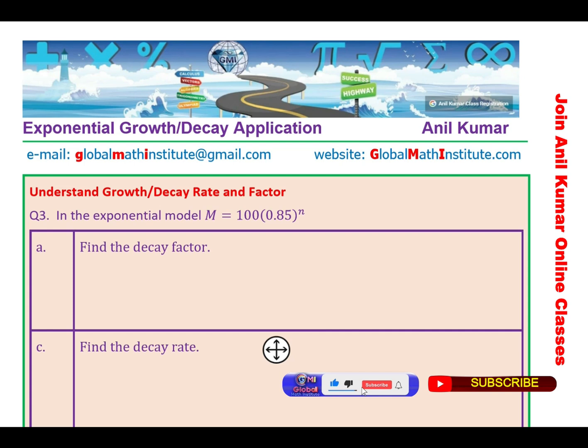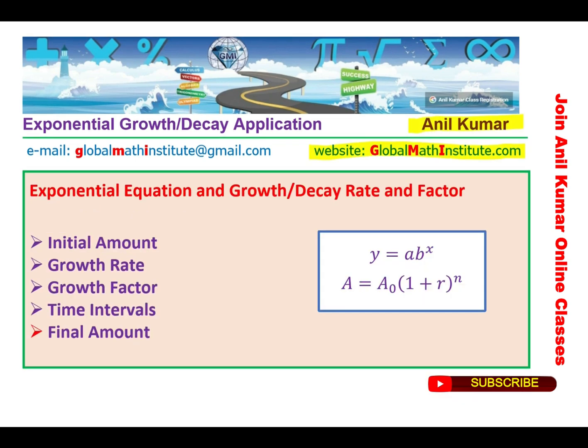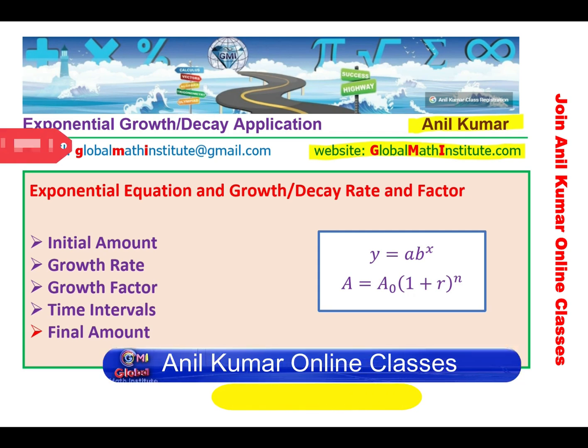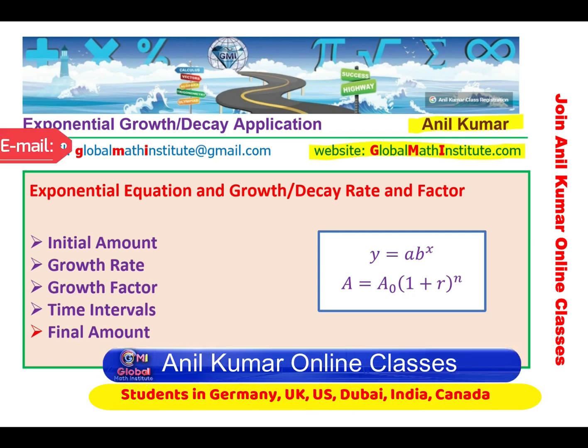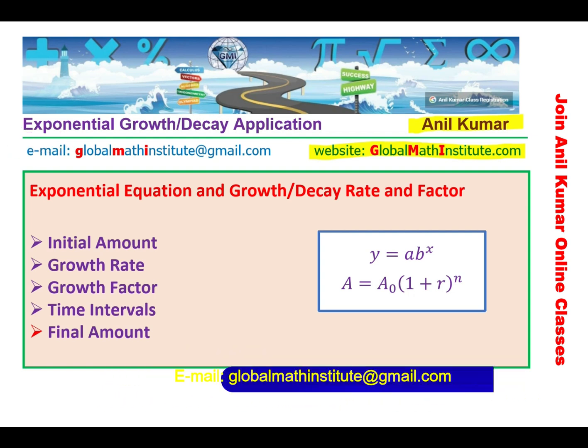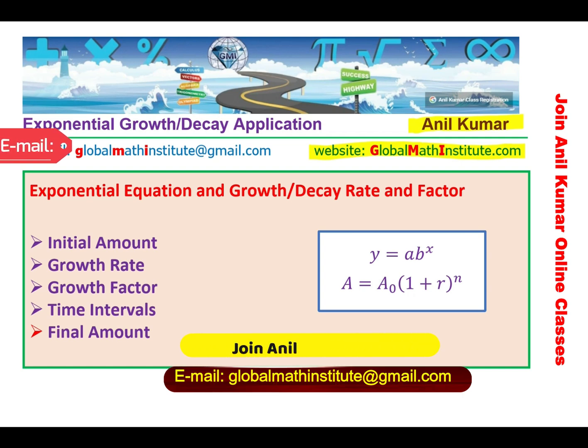Now before getting into the solution of these examples, let's try to understand what is growth rate and what is growth factor. How are they different? In general, an exponential equation can be written as y equals a b to the power of x, or something like A equals A0 times (1 plus r) to the power of n.